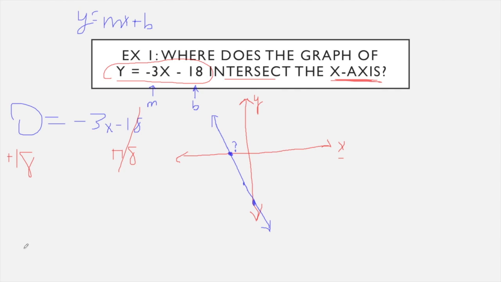This goes away, and on the left we will get just a number. So we say 18 equals -3 times x. Now one more step needs to happen to get x alone. We can divide both sides by -3, and x would equal -6.